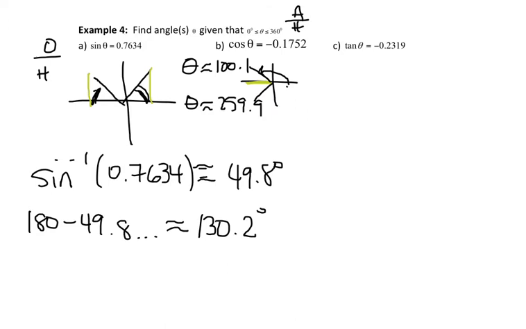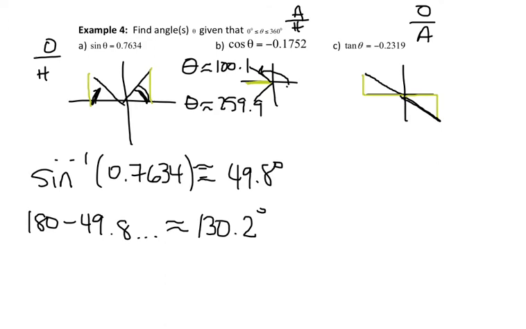Okay, tangent being negative, tangent is opposite over adjacent, so one of those has to be negative. Well, I could have negative x, positive y, or I could have positive x, negative y. So here's my two locations for tangent.